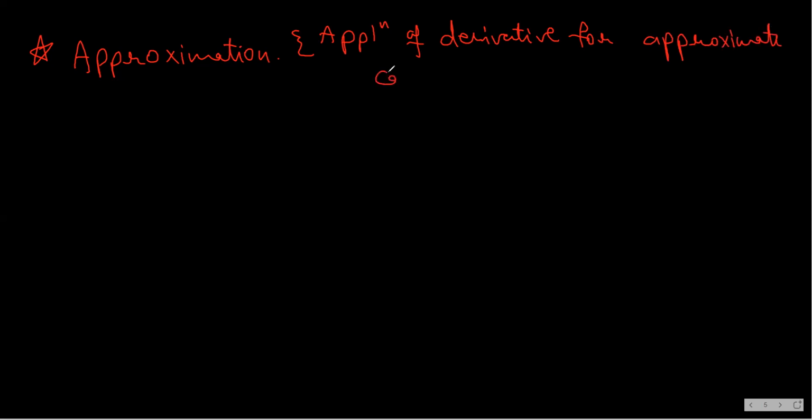We will use the concept of derivative to calculate the value of certain functions approximately. So that topic is known as approximation. You can write here application of derivative for approximate calculations.